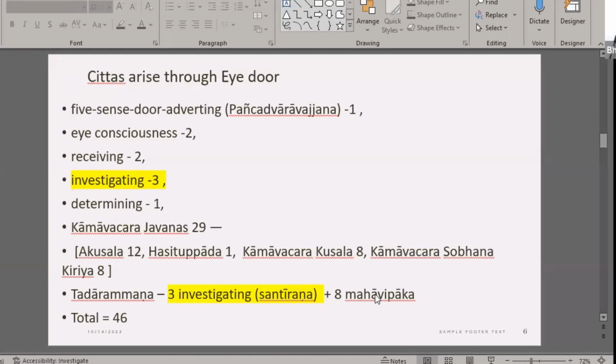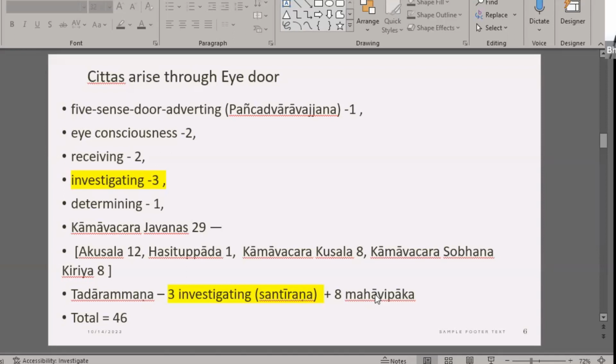Then Tadarammana, registration consciousness. Tadarammana we divide into two groups, Santirana and Mahavipaka. Investigating consciousness and Kamavacara resultant consciousness. Investigating 3, Santirana 3, Mahavipaka 8.